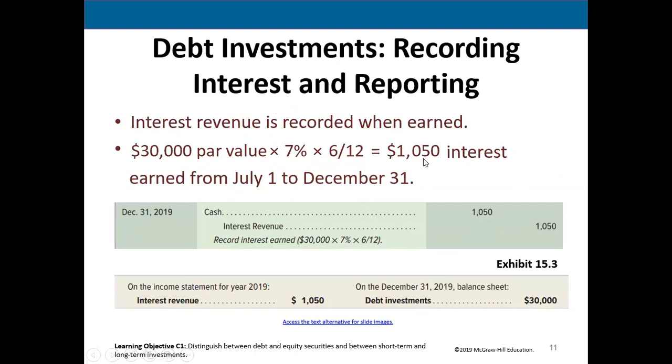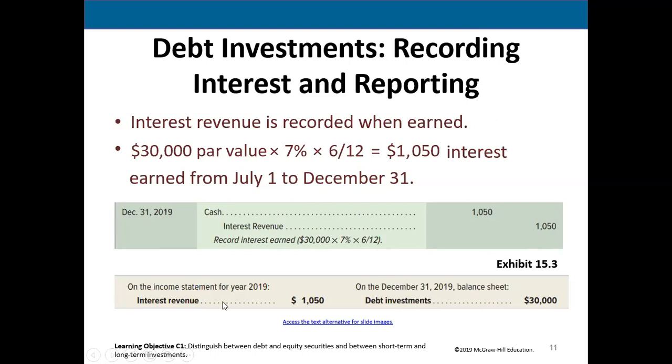Every 6 months, Ling will receive, and remember, we're Ling, $1,050 of interest. So they will be debiting cash, $1,050, and to Ling, this is interest revenue. So they will credit or increase interest revenue, just like any other revenue.